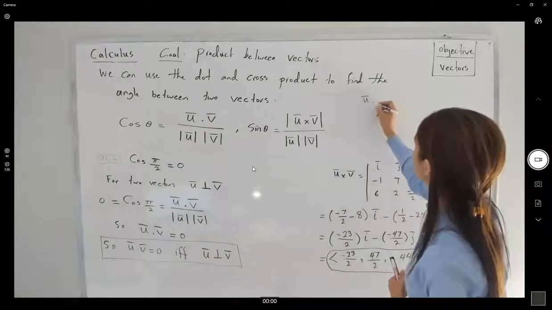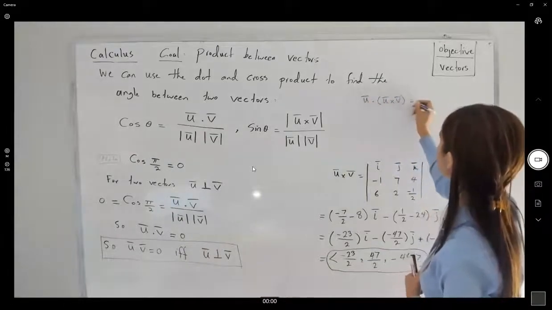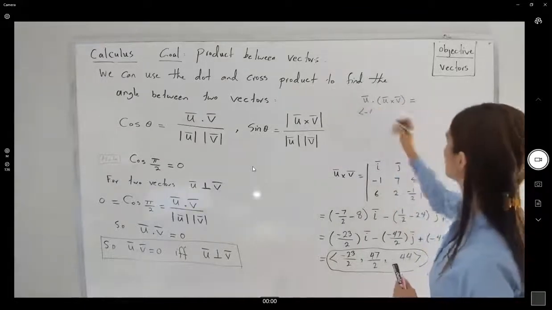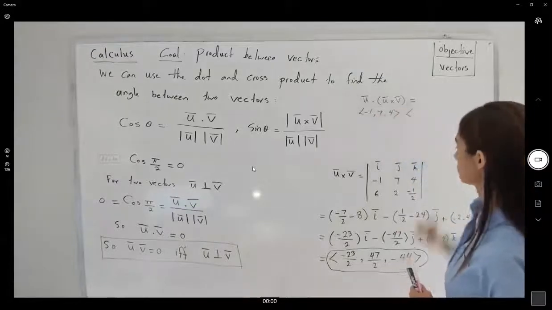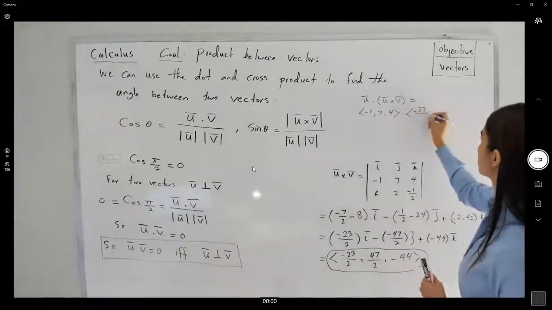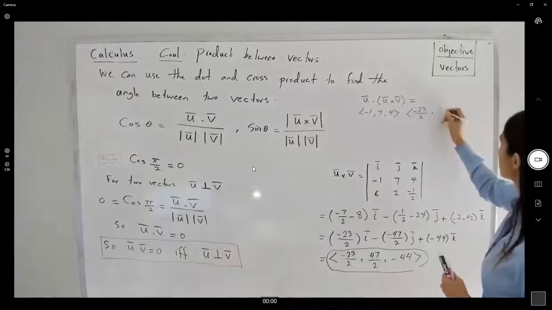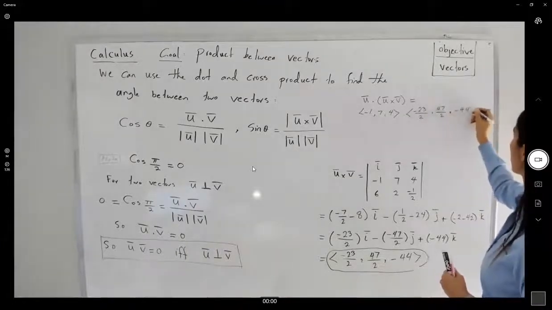U dot u cross v. So u is just -1, 7, and 4, and u cross v is -23 over 2, 47 over 2, and -44.